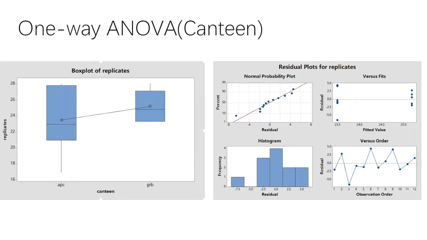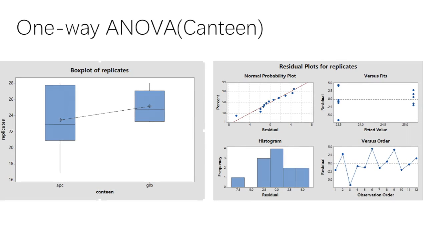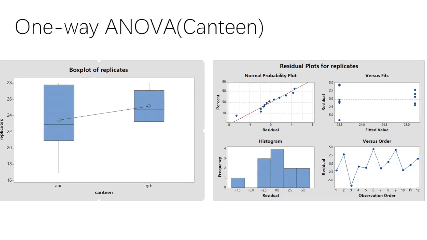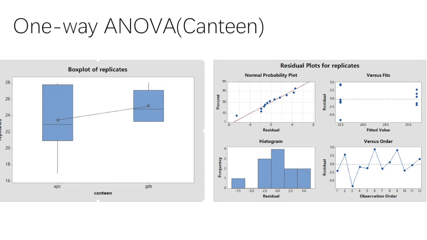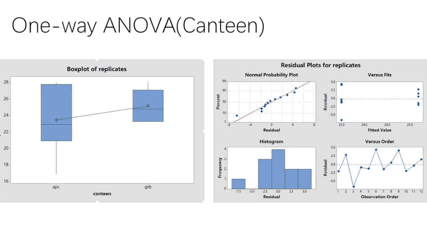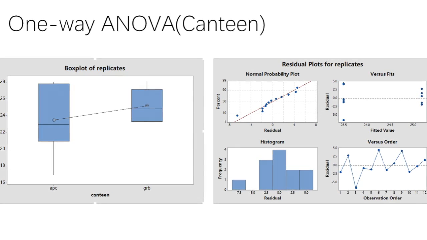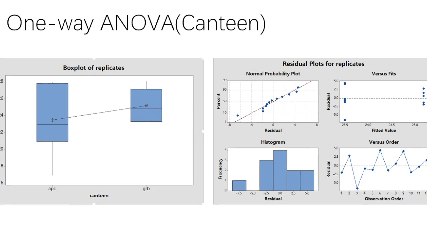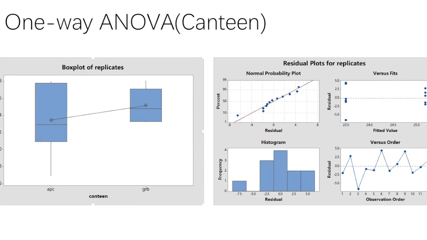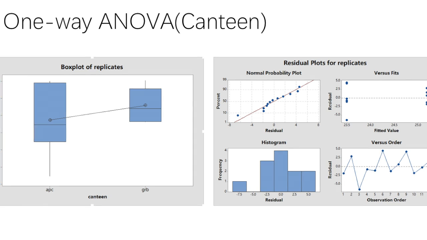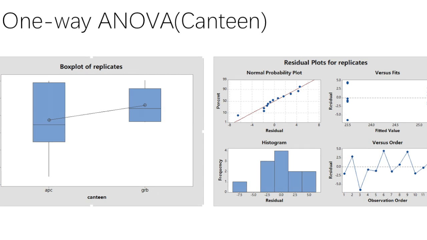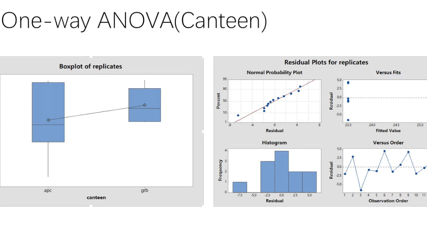However, the APC box range nearly coincides with GRB's box range, which means there is a risk to get a meal with unexpected longer waiting time. We can see the interaction between canteen and time in the next part. The residual plot shows that the model can describe the case properly since the residual is kind of normally distributed.